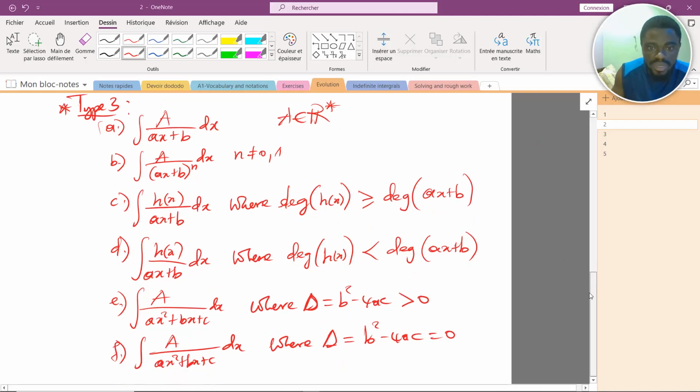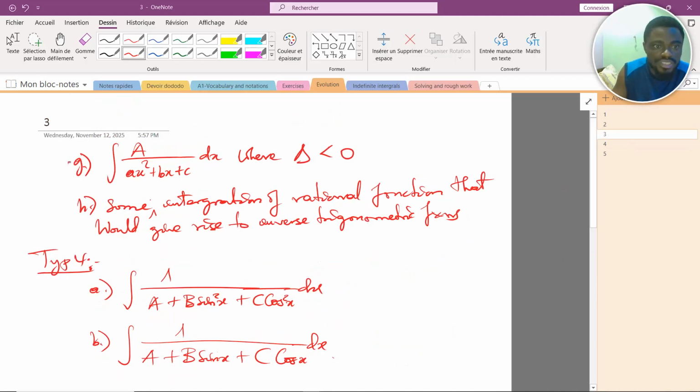I'll explain and give the procedure on how to integrate them, and we shall see examples. Then we shall proceed to this one, this E and F and G. I shall explain how we are going to integrate them, and in a video we are going to see examples and how to solve them.